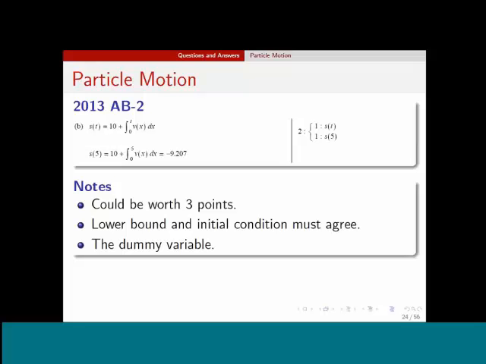I didn't show you the question on this one, but this is from 2013 AB2. We actually asked the student to give us an expression for the position of the particle at any time t, and then we asked them for the actual position of the particle at time t equals 5. This was worth 2 points, 1 point for each of those lines.